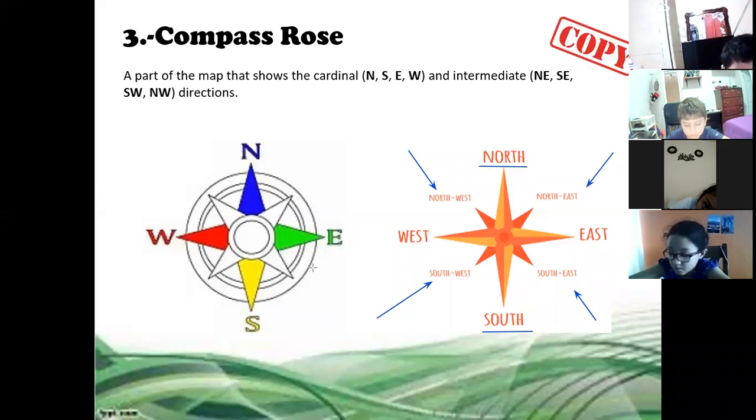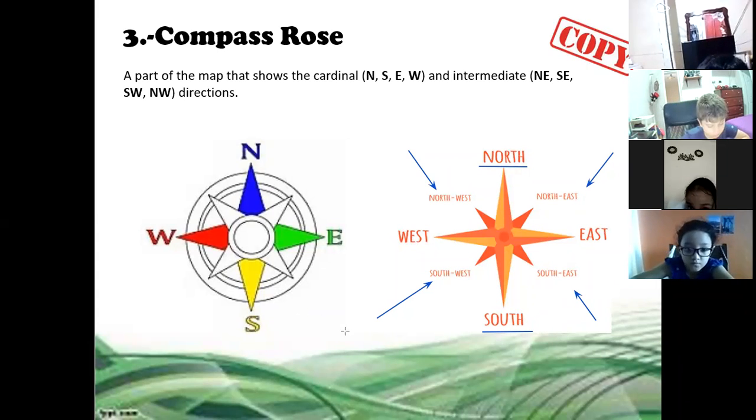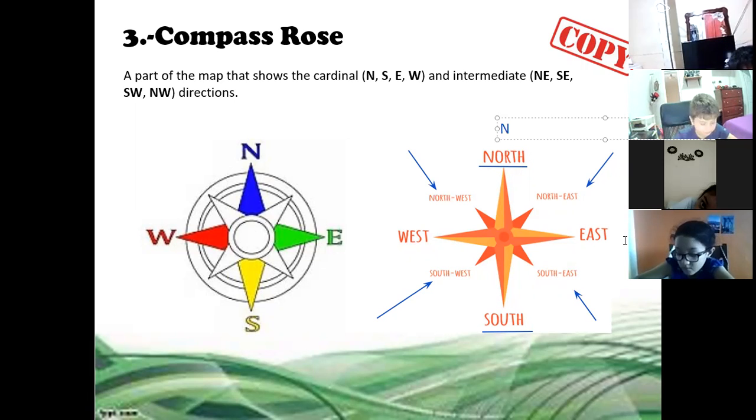Please draw one compass rose. And how can you write the name? Well, you can write the abbreviations. You can write here north, east.